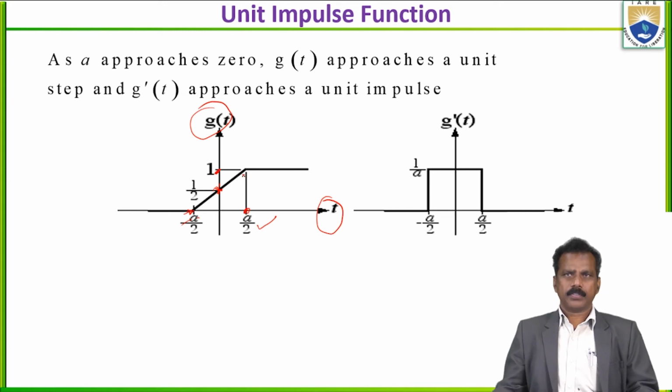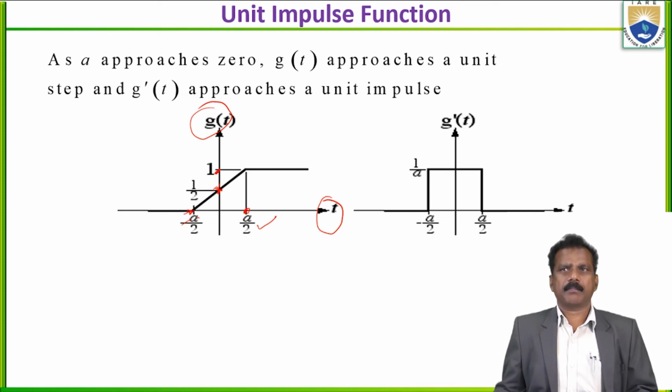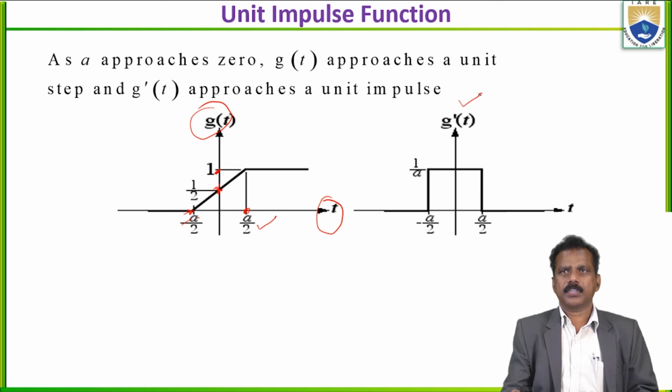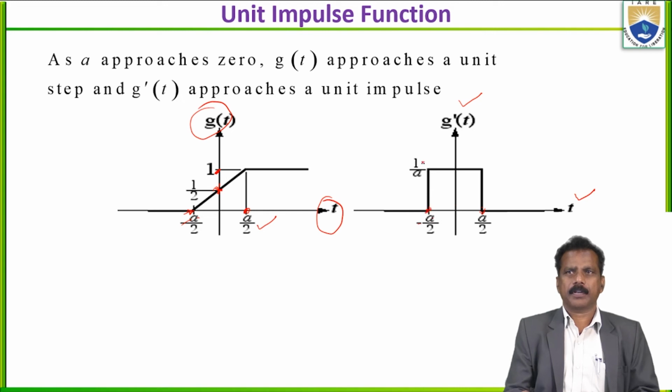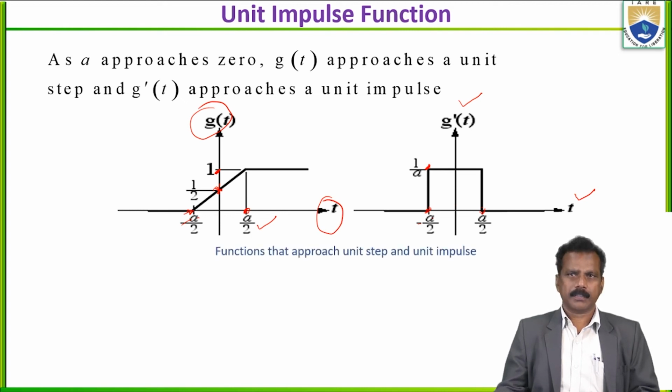As a approaches 0, g of t approaches the unit step, and g dash of t approaches the unit impulse. Here it is t versus g dash of t. Here it is a by 2, this is minus a by 2, and this is 1 by a. These are the functions that approach the unit step and unit impulse.